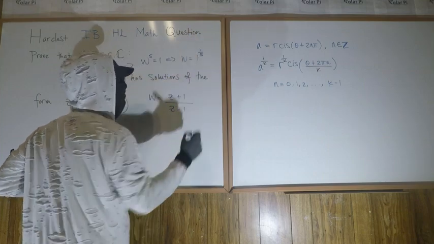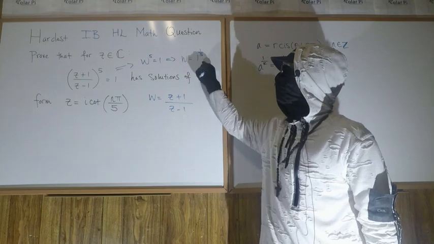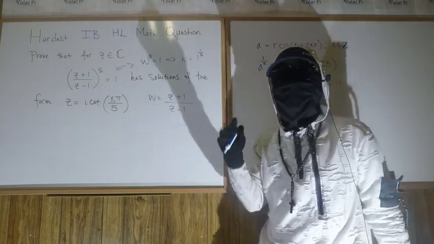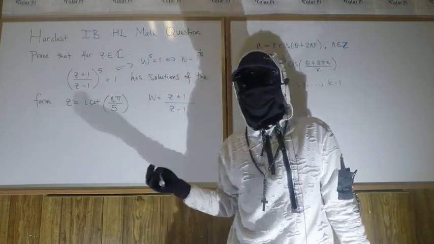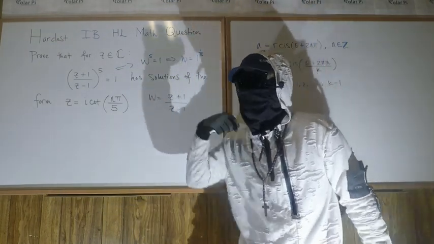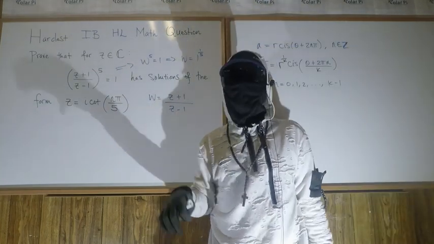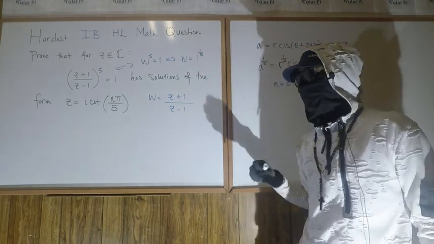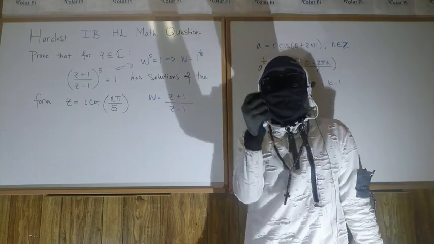So w is the 5th root of unity. 1 to the 1 over k we call the kth root of unity, and I'll dedicate a different video to the kth roots of unity. But for now, hopefully you have enough familiarity with roots of unity so that you can understand this video.